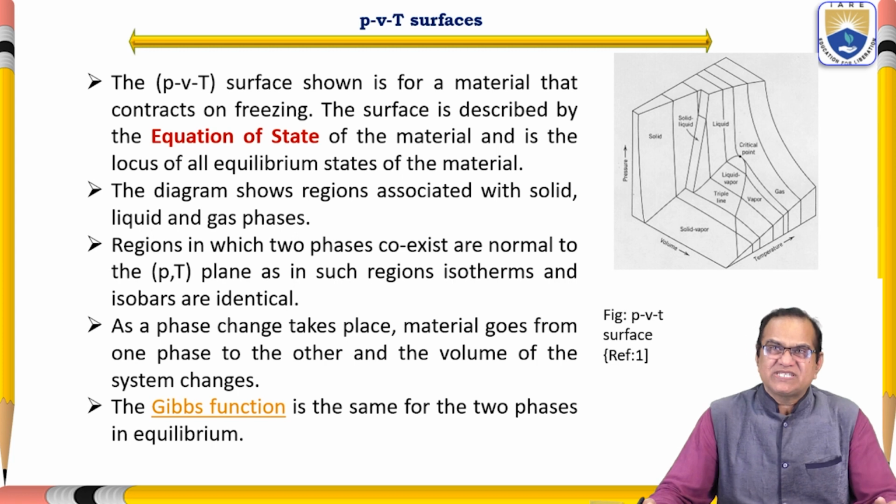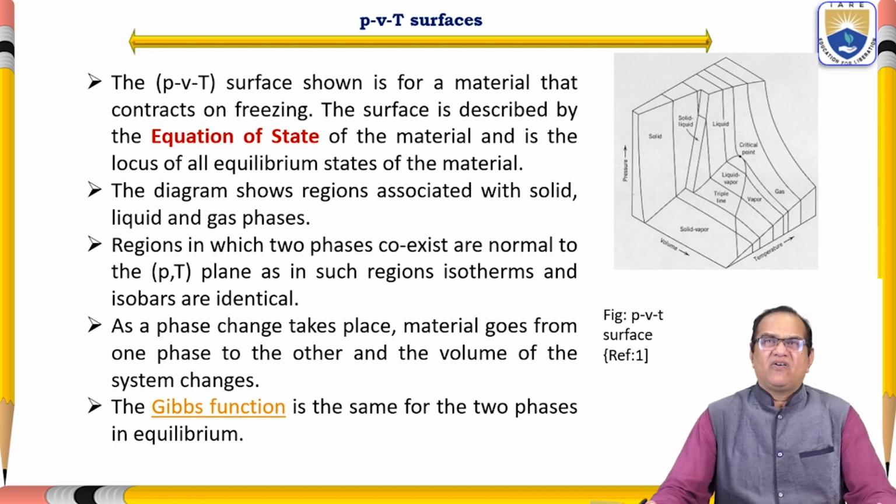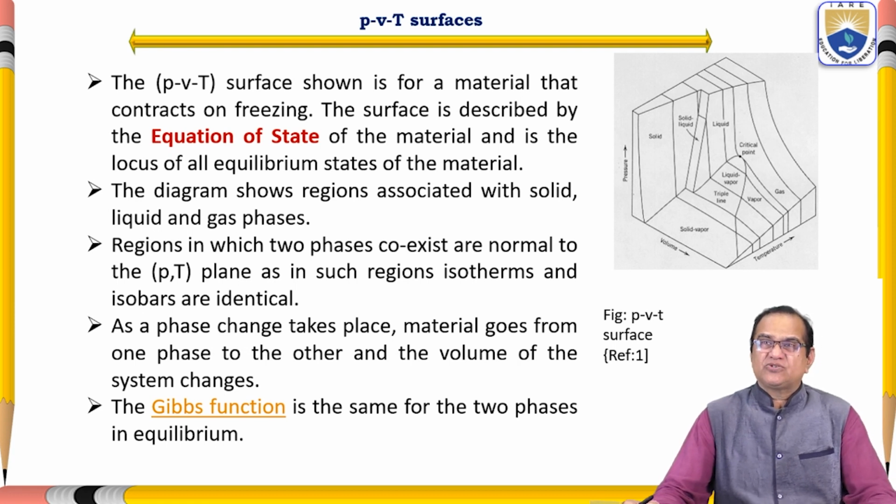The PVT surface is shown for a material that contracts on freezing. The surface is described by the equation of state of the material and is the locus of all equilibrium states of the material. The diagram shows regions associated with solid, liquid and gas phases.